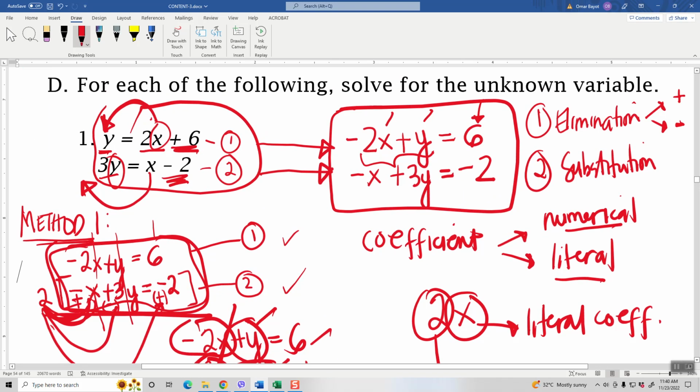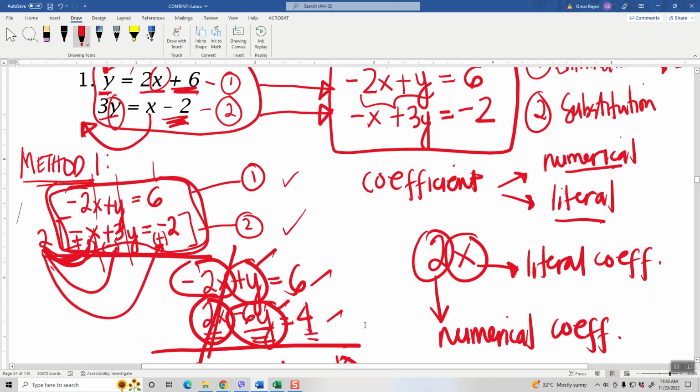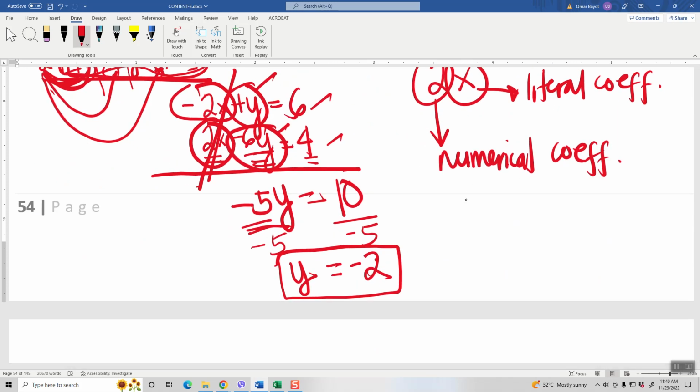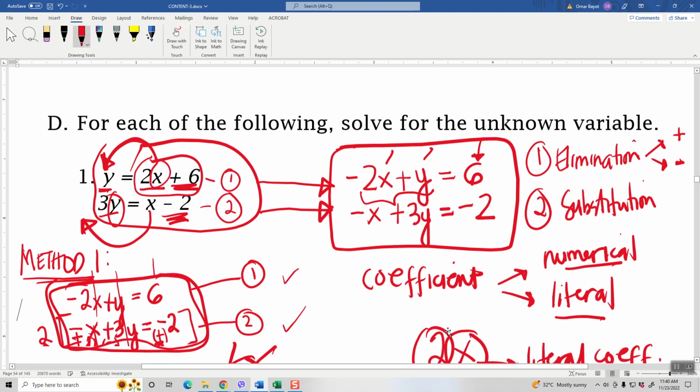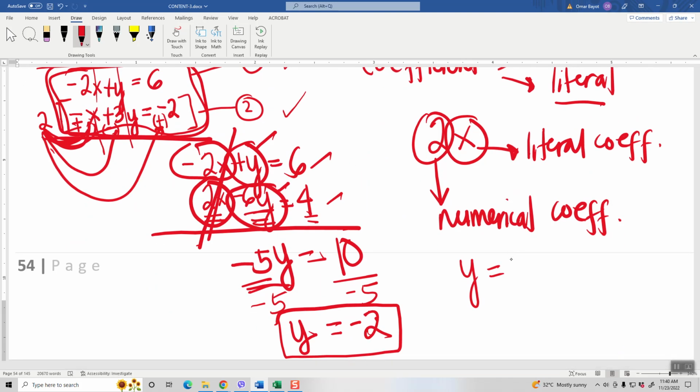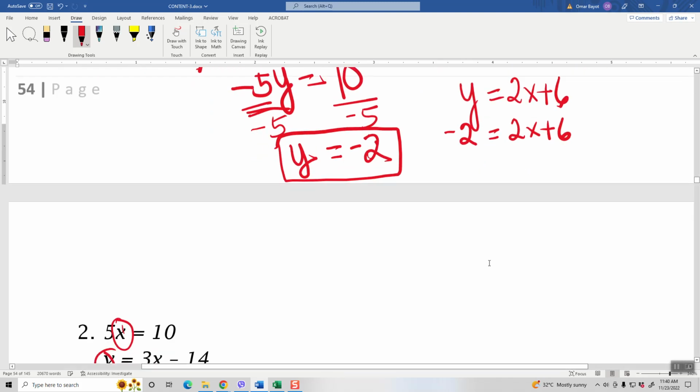Okay? So, we will continue. So, we will use equation 1. What is equation 1 in the original problem? You have y equals, ano yun? Y equals 2x plus 6. Since y is negative 2, substitute. Can you solve for x? Yes, you can solve, no?